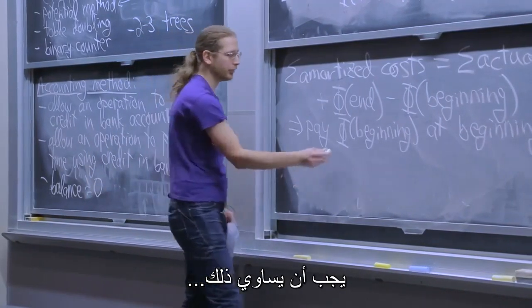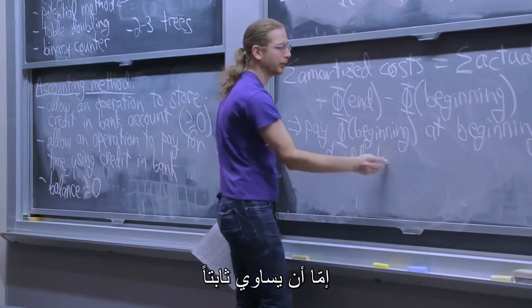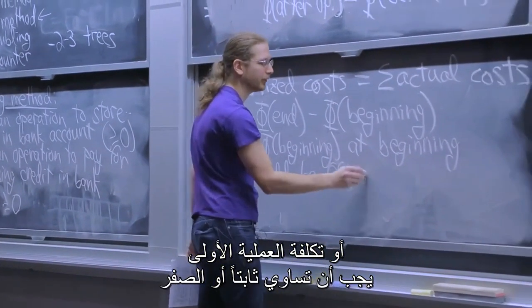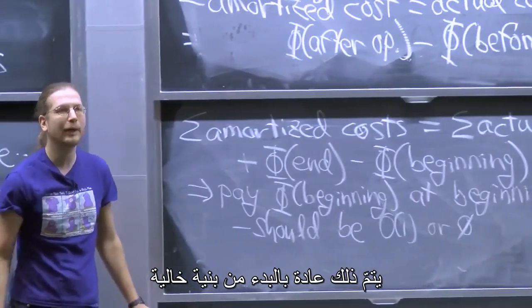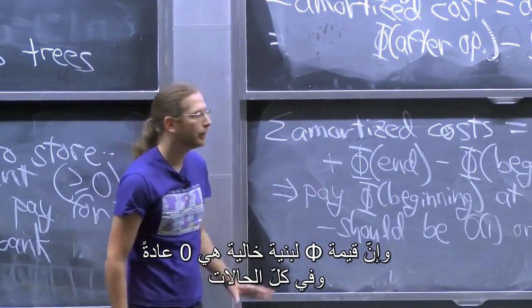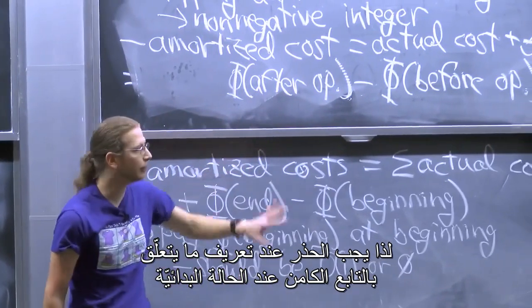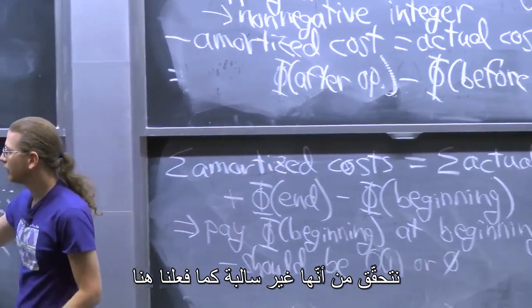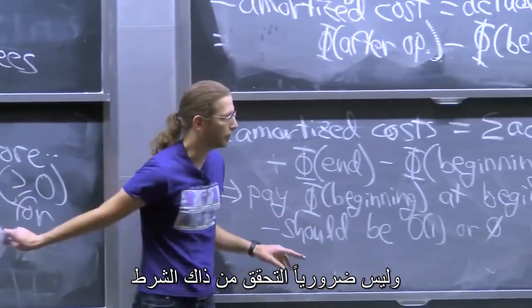So this should be constant, which would probably be OK, or whatever the cost of your first operation is, but it should be constant or 0. And usually we do this by saying, let's start with an empty structure and work from there. Usually phi of an empty structure is 0, and all is well. So when you're defining things with a potential function, you have to be careful about your initial state. You have to make sure it's non-negative, just like you did over here. But you didn't have to worry about this part over there.